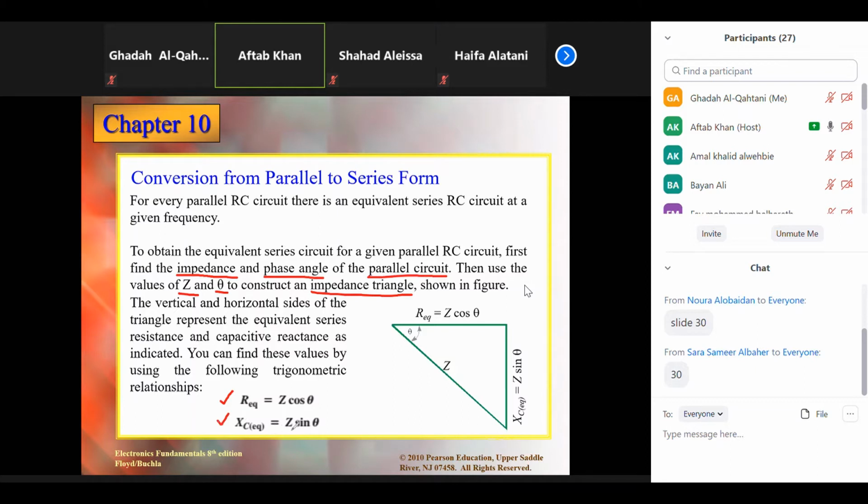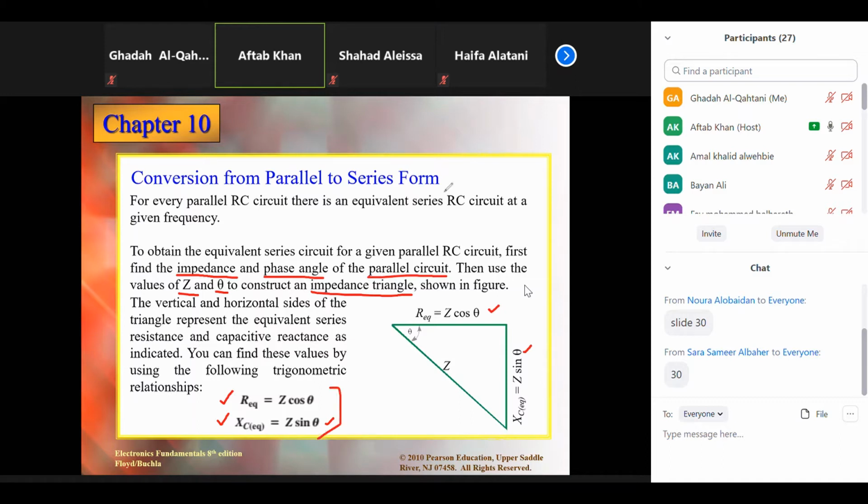Then X equivalent will be calculated as Z sine theta. And this is basically the impedance triangle for the parallel circuit, but now it is converted into series. So it is an equivalent series circuit. R equivalent will be calculated with this formula, and we can get this.